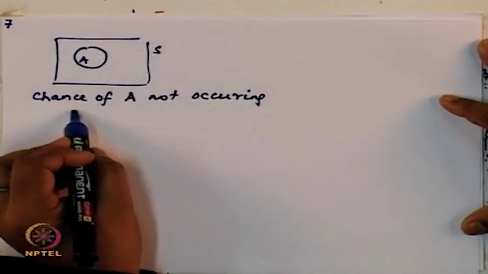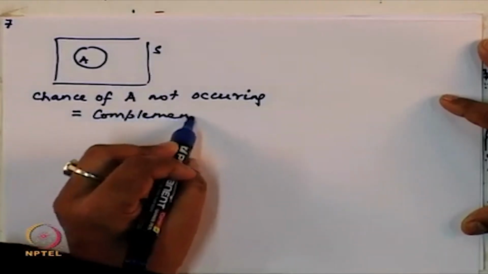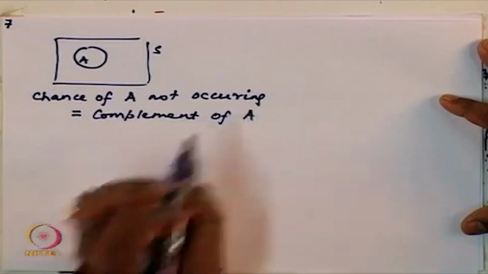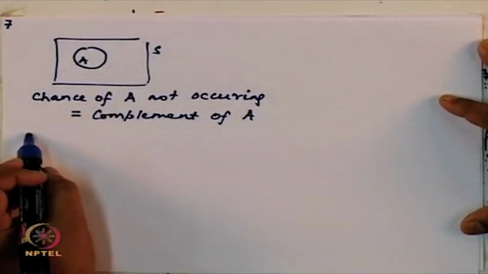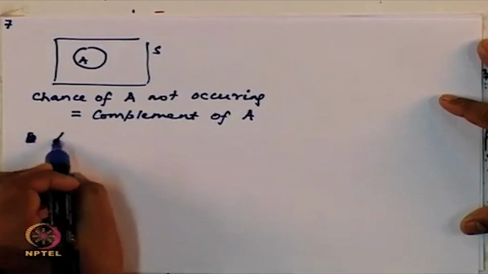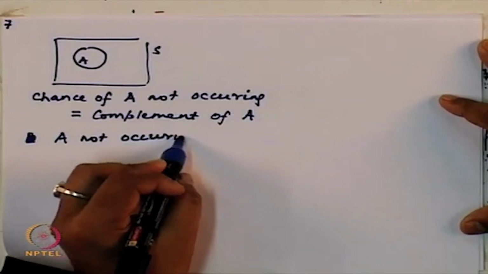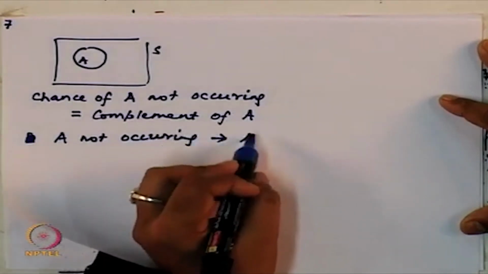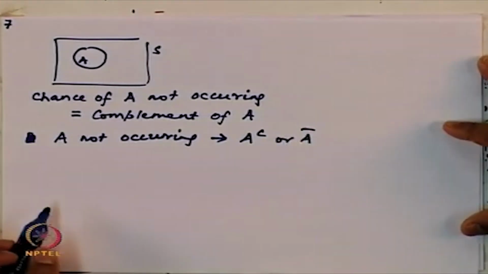This is called the complement of A. The event of A not occurring is denoted by A complement or A bar, as the case may be.